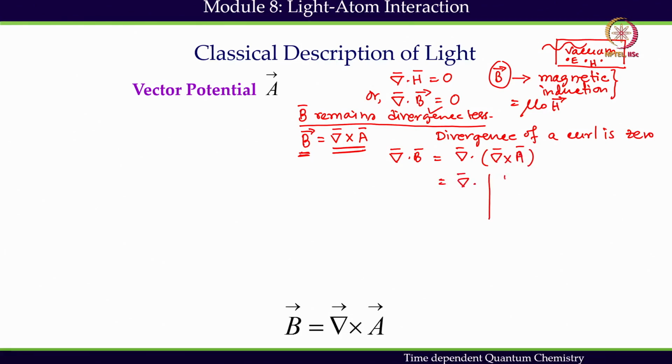Curl is represented by this, and then Ax, Ay, Az. So, what is going on? These Ax, Ay, Az are the components of the vector along the x, y and z directions respectively.